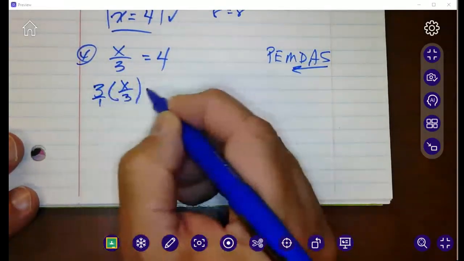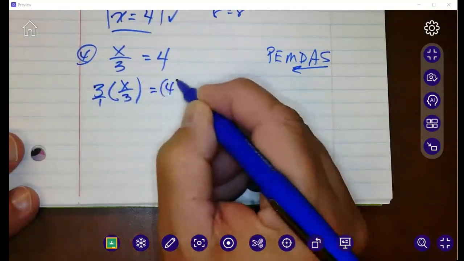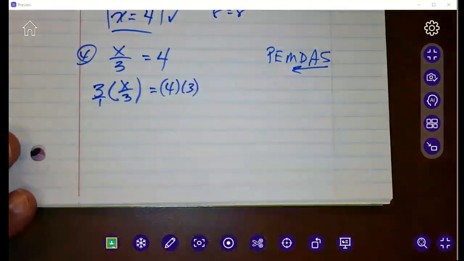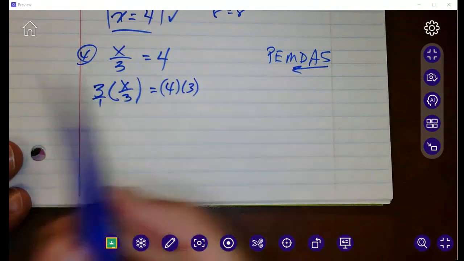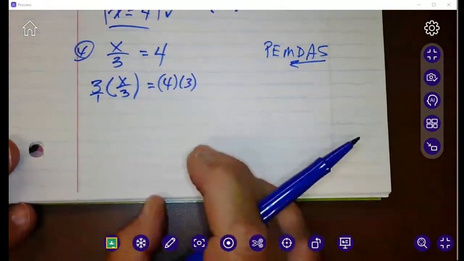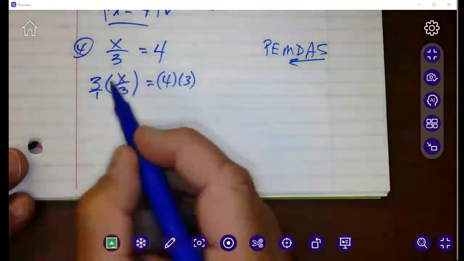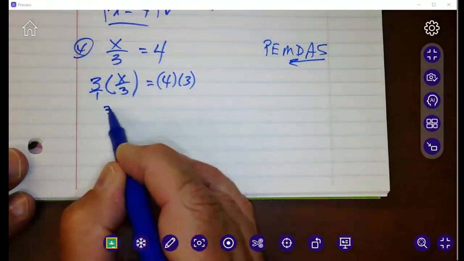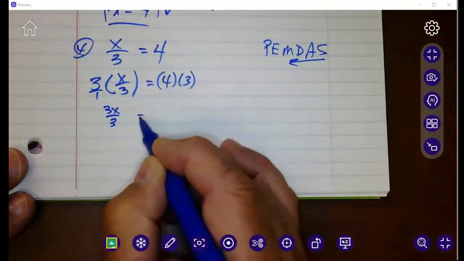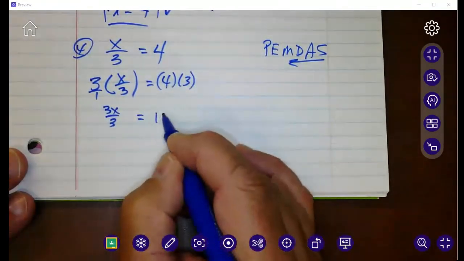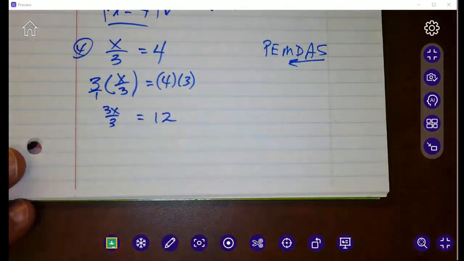If I do that on this side, I have to do that on this side. And I've got to show that I'm multiplying. Over here, this becomes 3x over 3, and this side becomes 12.